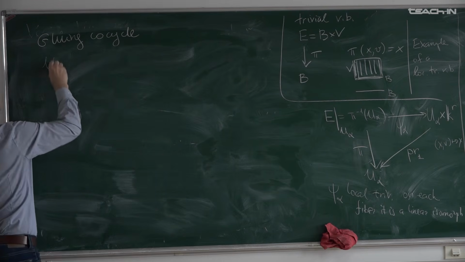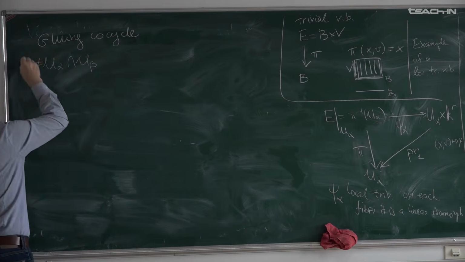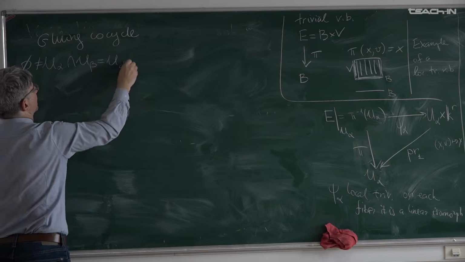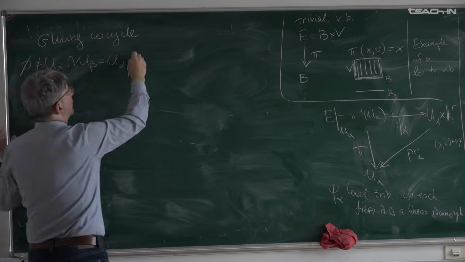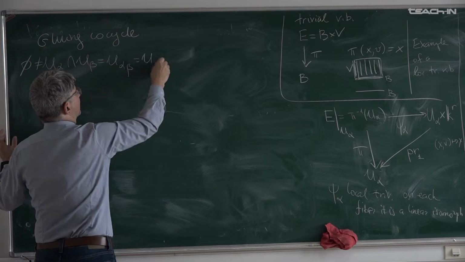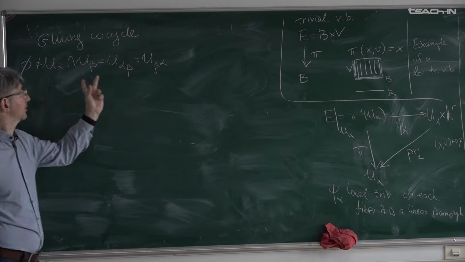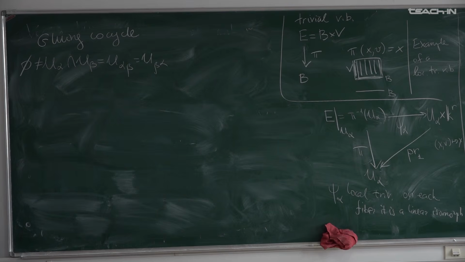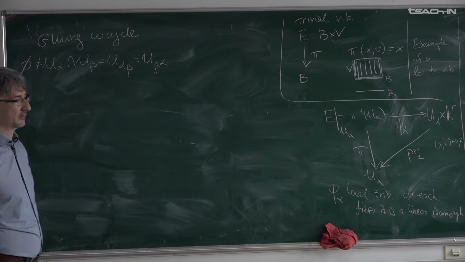So we have U alpha and U beta, and their intersection is not empty. For simplicity, I will write this open set in this way, U alpha beta. The order of letters has no meaning here because you can interchange the order, so I will not pay attention to which order I write these letters.